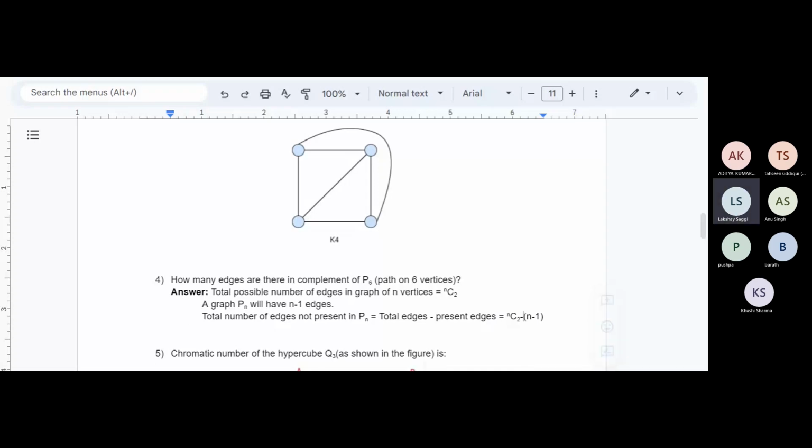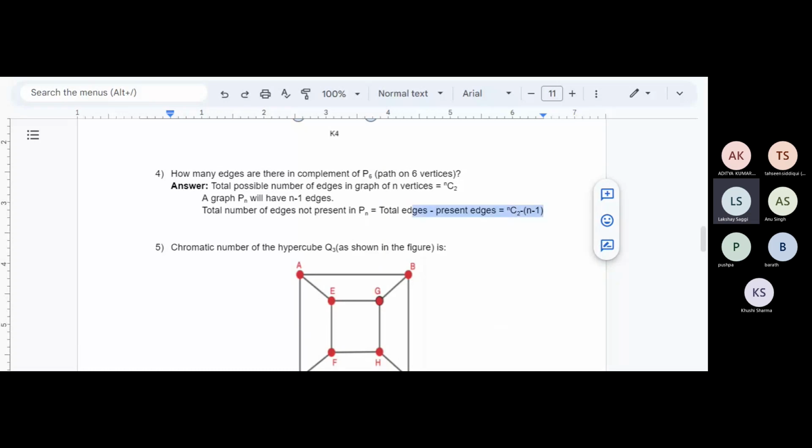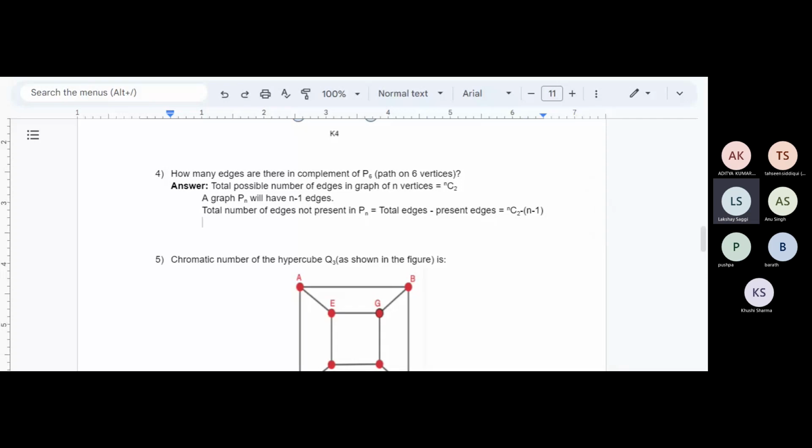So this will be the formula for the total number of edges not present in Pn, and the edges which are not present in Pn will be the edges present in the complement of Pn, right? So this will be equal to the number of edges in the complement. So the edges present in the complement of Pn will just be this quantity.